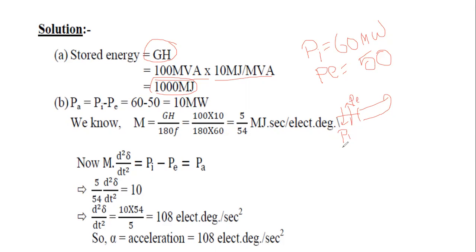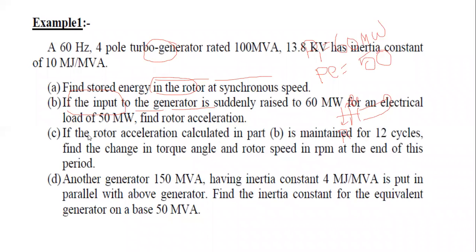Therefore Pa is equal to Pi minus Pe, that is 60 minus 50, which is 10 megawatts.